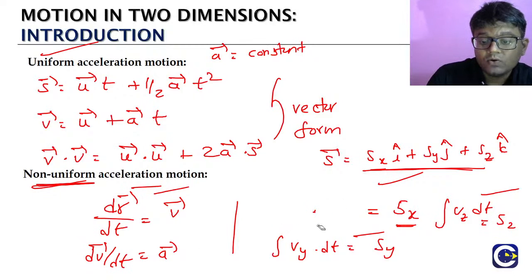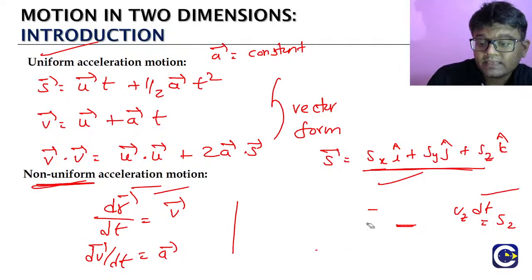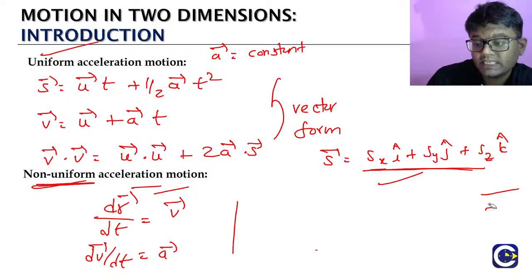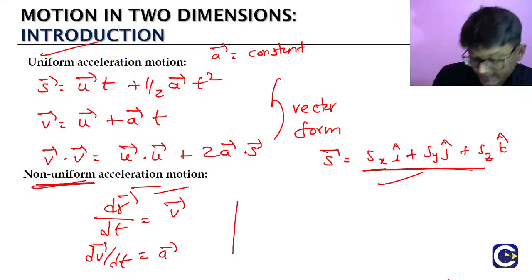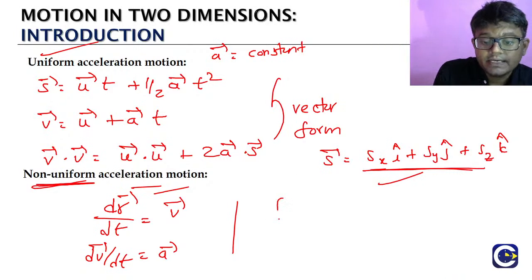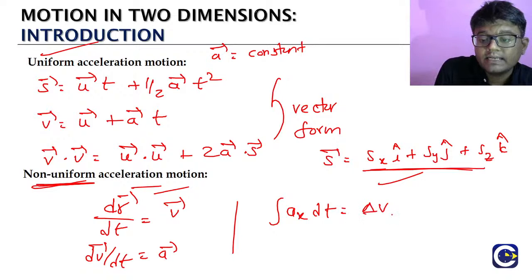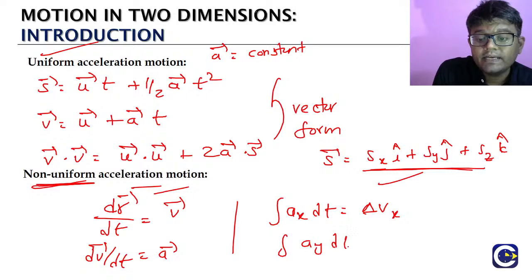Similarly, the integration of acceleration with respect to time will give us what? Change in velocity, correct? So here you are going to get it separately for each component. Integral ax dt will be giving us delta vx, change in the x component velocity. Integral ay dt will be giving us delta vy.